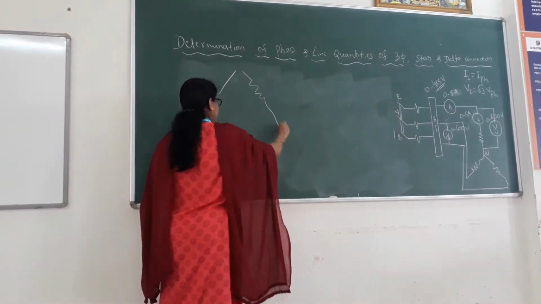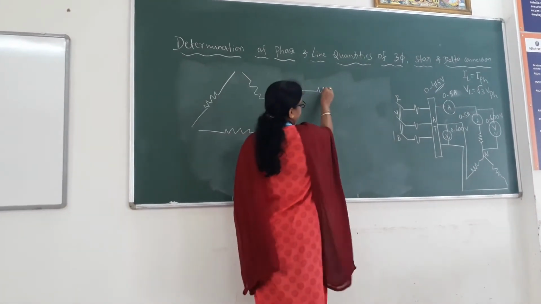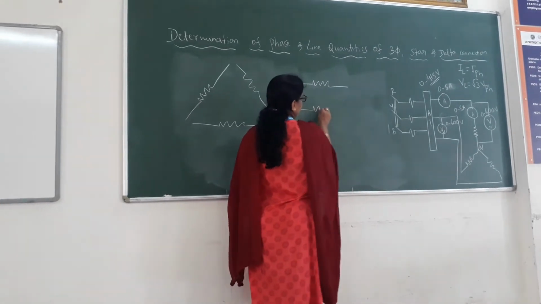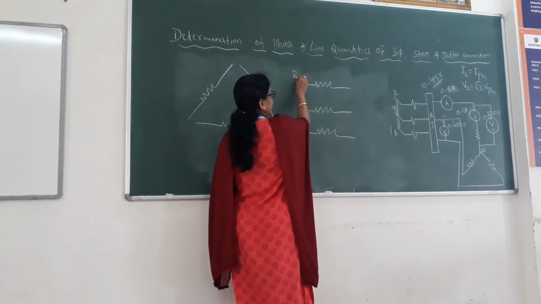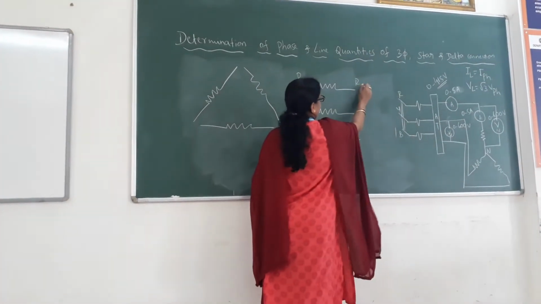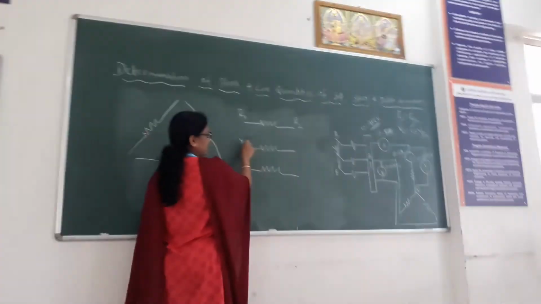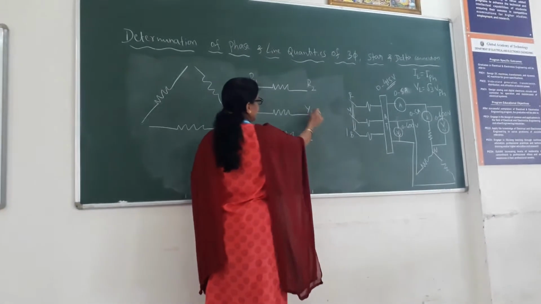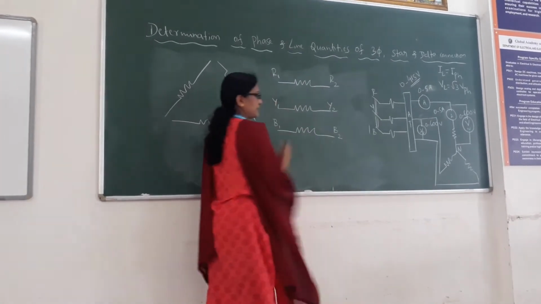We have the three windings like this, one for each phase. One is the starting terminal, another one is the ending terminal. This is for R phase. And for Y phase, you have the starting terminal and finishing terminal. B phase, you have starting terminal and finishing terminal.